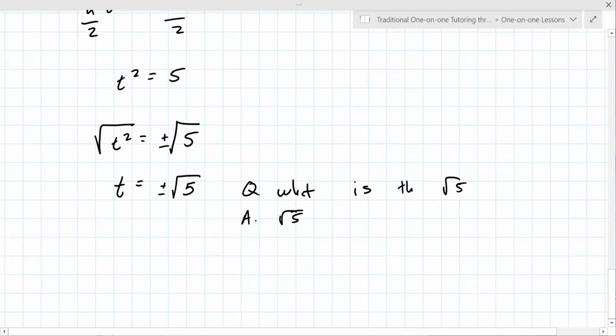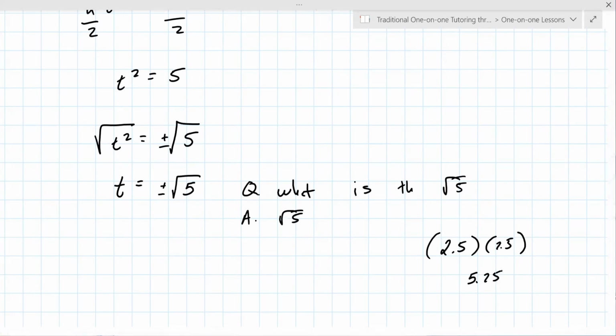It can't be 2.5, because 2.5 times 2.5 is 6.25. Nope, the square root of 5 is, and I know this is uncomfortable, that's why we're spending a lot of time here, the square root of 5.